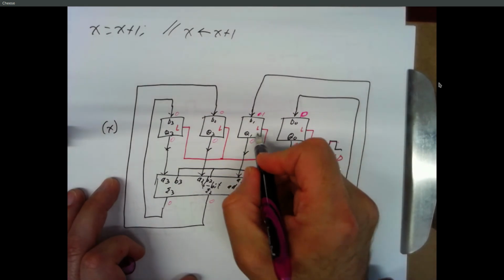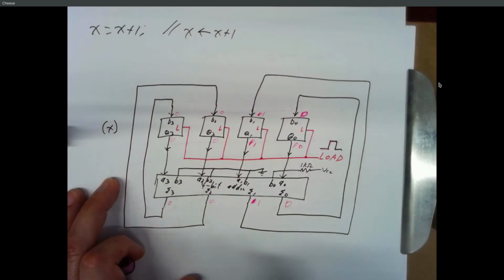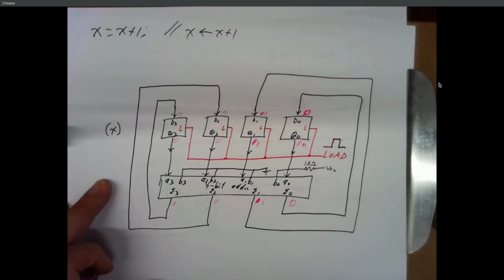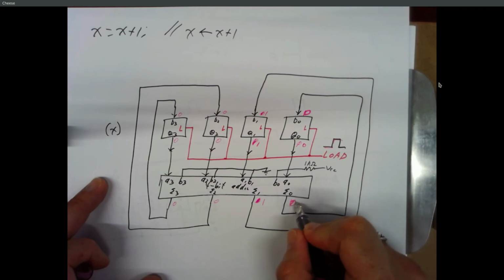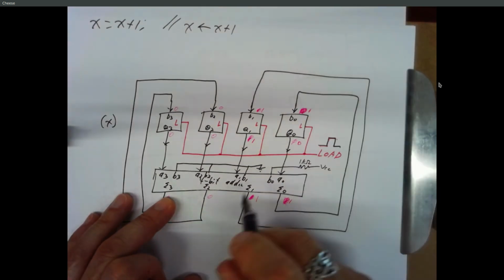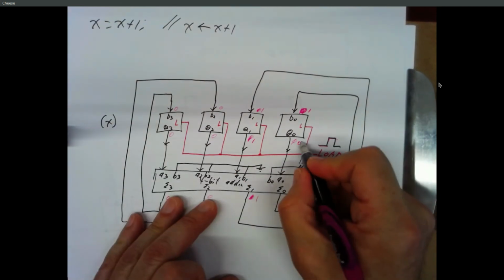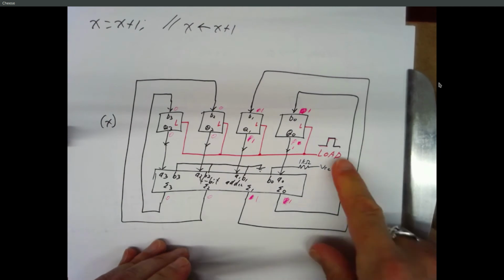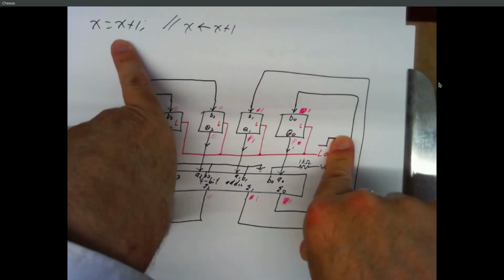And this 1 gets loaded into the latch, and this becomes a 1. And now X is equal to 2. And if the load line is still high, this 2 will get added to a 1. The adder will put out a 3. We'll have a 1 coming in up here, and that 1 will get loaded in, and now X is equal to 3. And as long as this load line is high, X keeps incrementing.